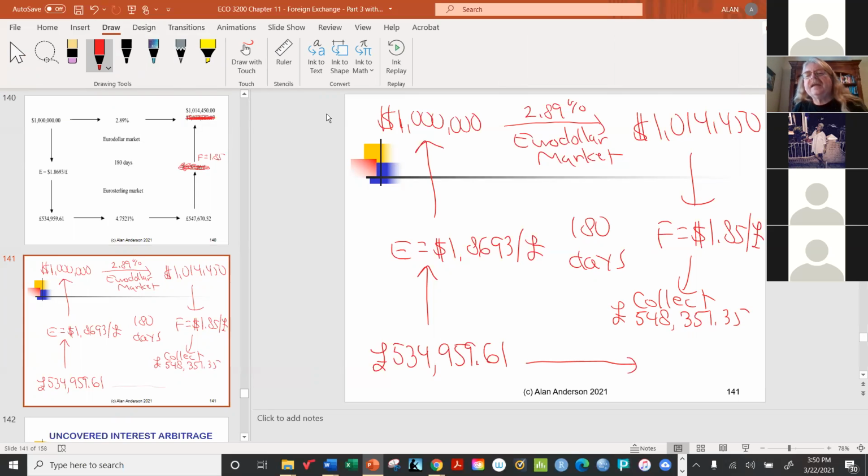We have to repay the pound loan. So that's going to cost us 4.7521% in the euro sterling market, but only for 180 days. And so if you multiply that out, you'll get 547,670.52.